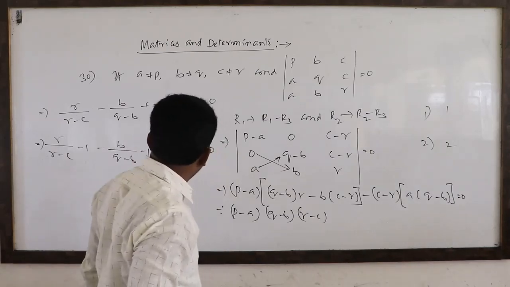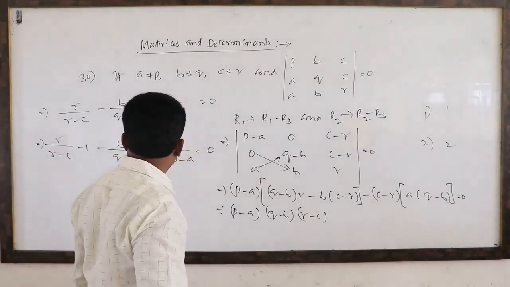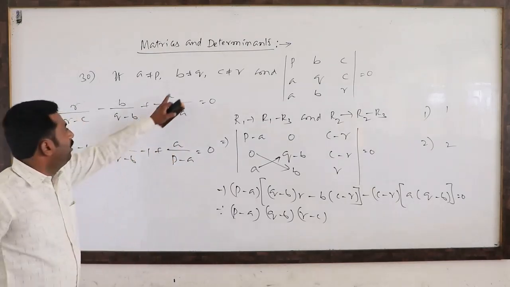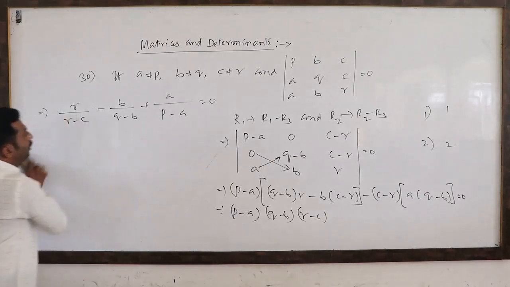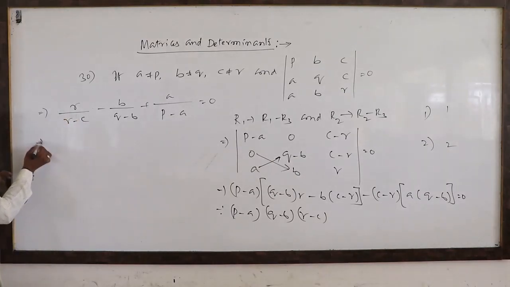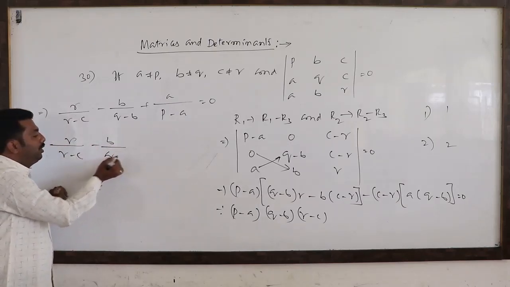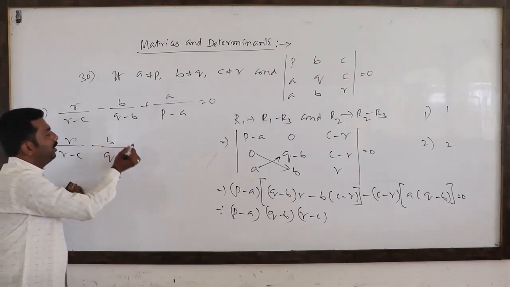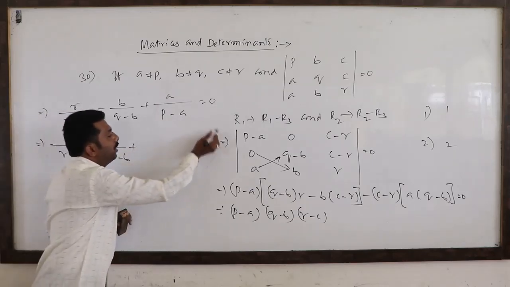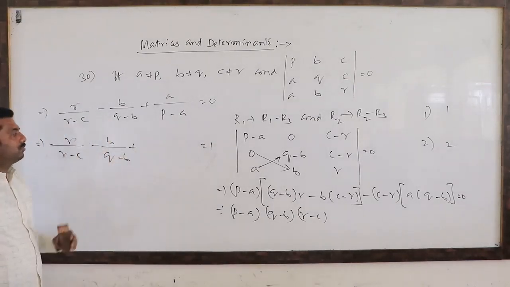P by P minus A, Q by Q minus B, P by P minus A means, you observe, this is no changes. R by R minus C we required, minus B by Q minus B, here adding plus 1, right side also I am adding plus 1, 0 plus 1 means 1.